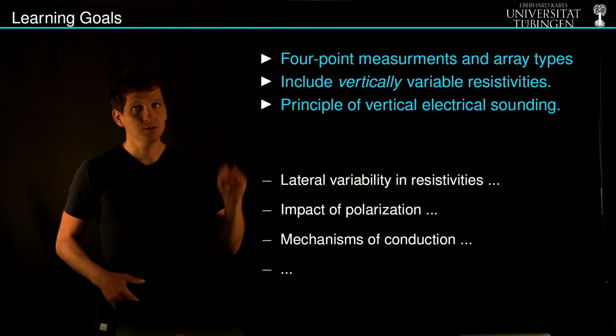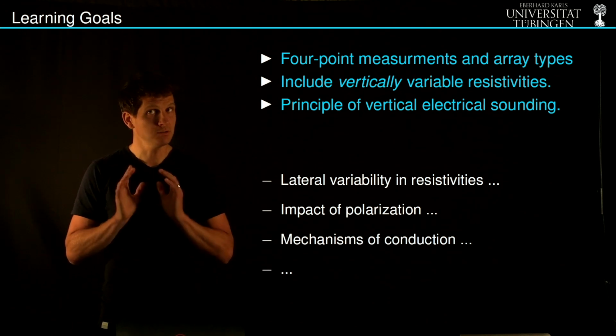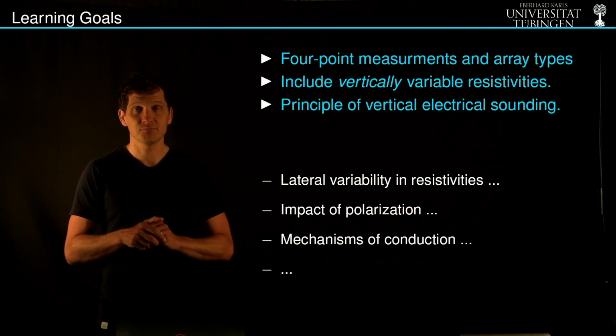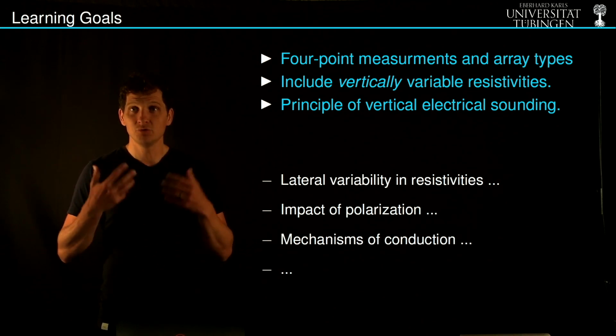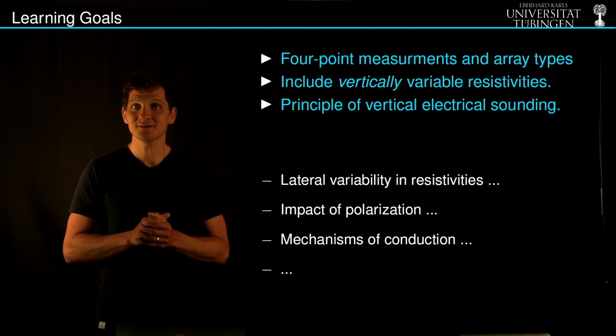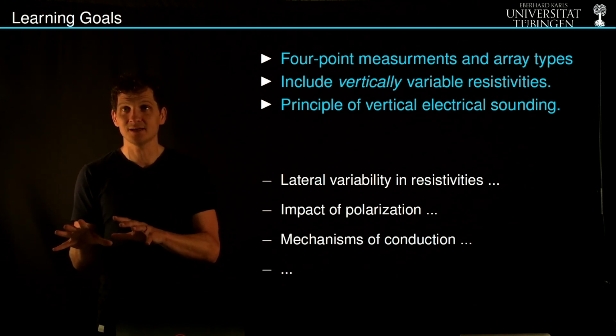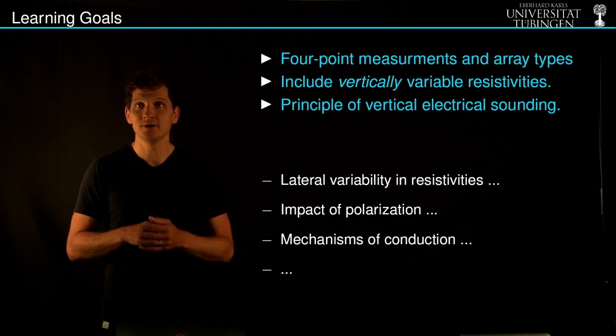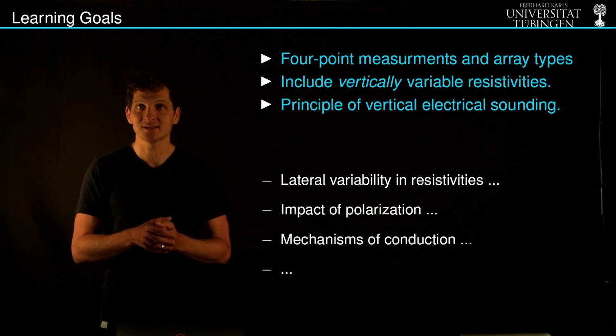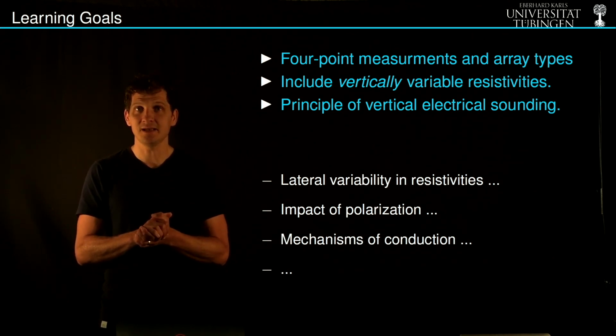You have a forward model that you can use right out of the box. You don't need excessive programming knowledge at all, and this then enables you to fully and in depth understand the principle of vertical electrical sounding, which you will do in the applied exercises, and you can also do it in the in-class exercises with idealized data sets.